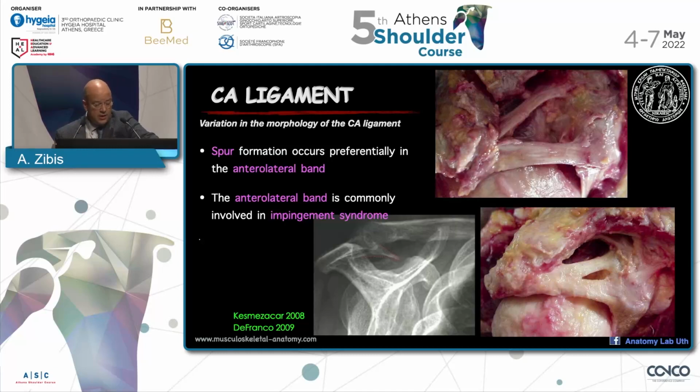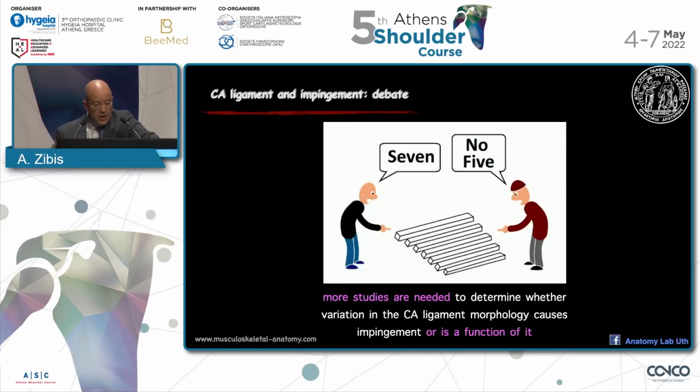The anterolateral band is commonly involved in impingement syndrome. Another debated issue: more studies are needed to determine whether variation of CA ligament morphology causes impingement or is a function of it. A chicken and egg question.